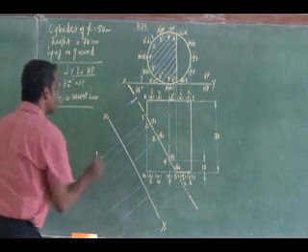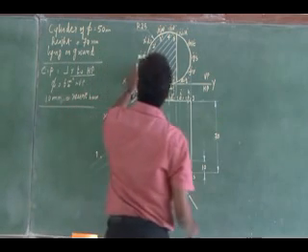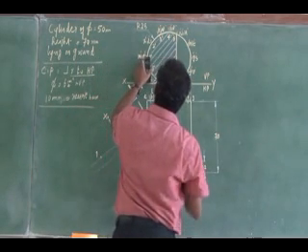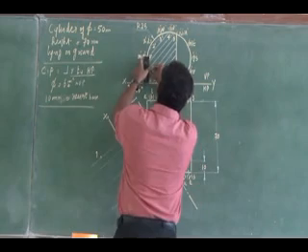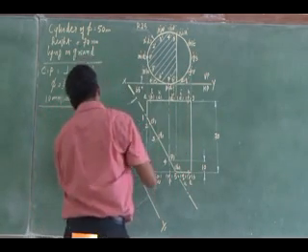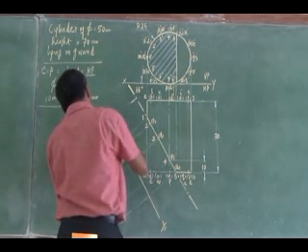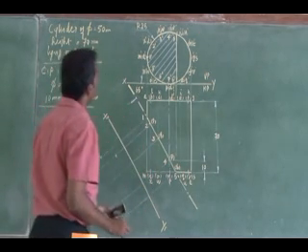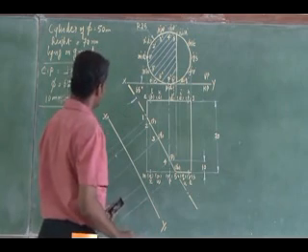So this is my 1. Similarly 2 and 9, I can mark them.